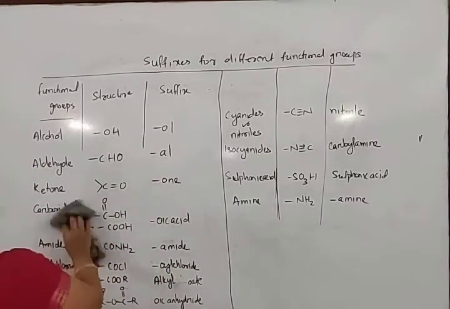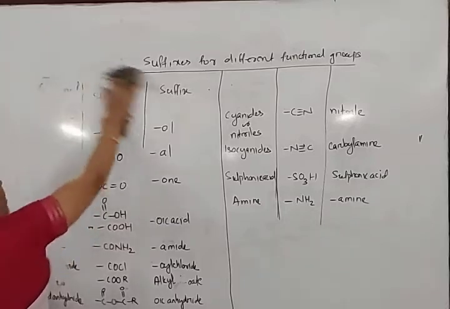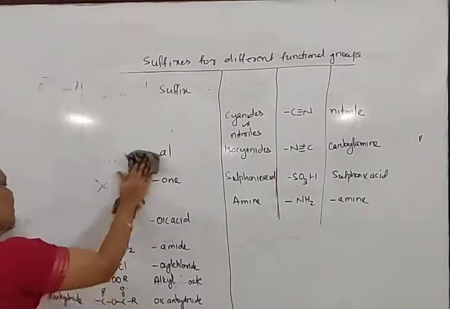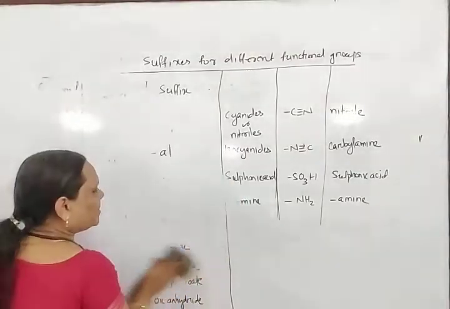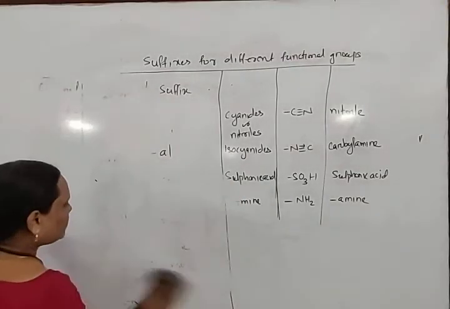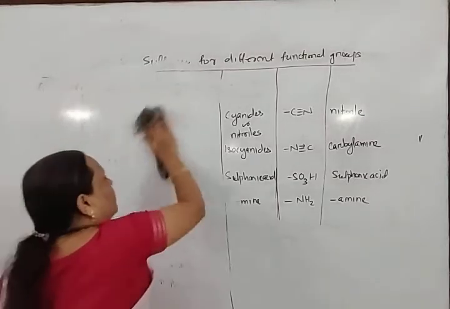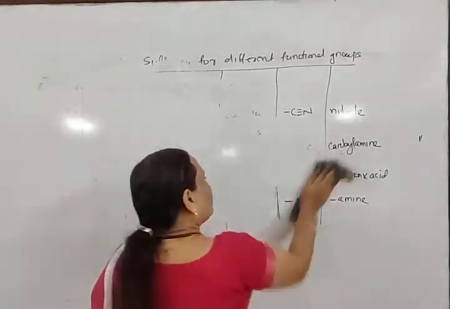The system for naming an organic compound is: first the prefix, then word root, then primary suffix, then secondary suffix.